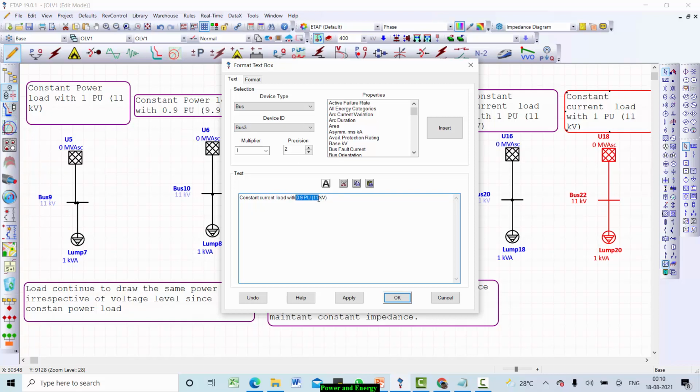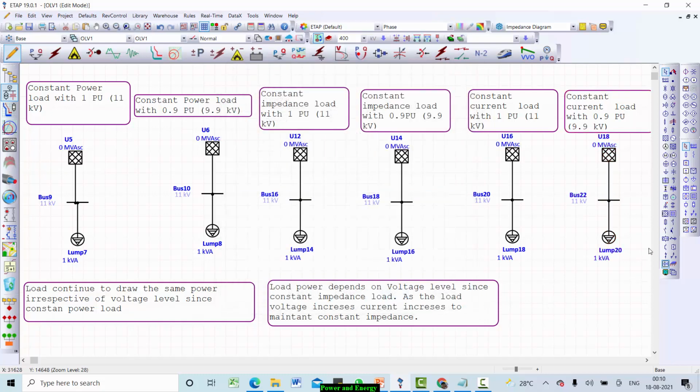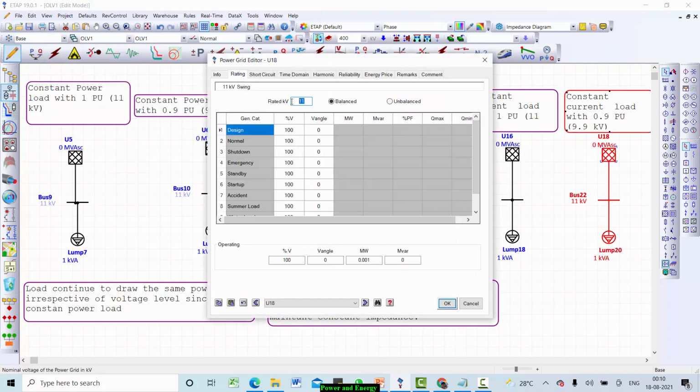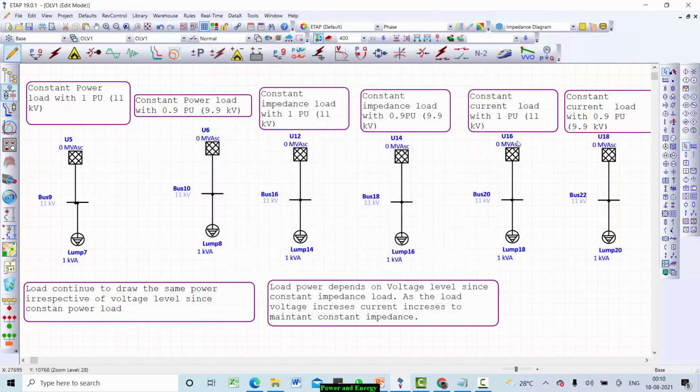Make a change here, 0.9 per unit and 9.9 kV on the label, and also in the grid voltage, 9.9 kV. Run the load flow.